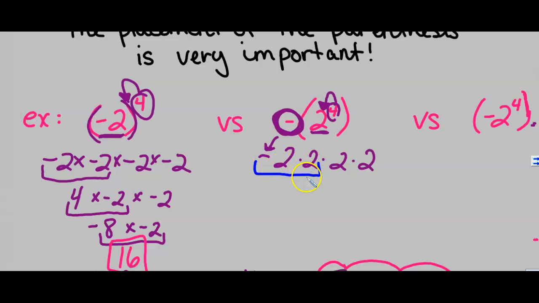We have negative 2 times 2, negative 4. Copy everything else down that we didn't use. Okay. And repeat the process. Negative 8 times 2. We get our final answer of negative 16.